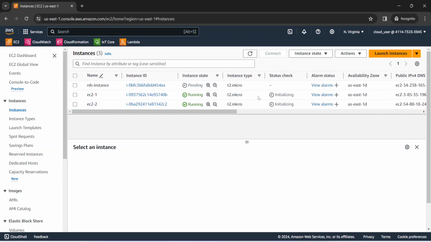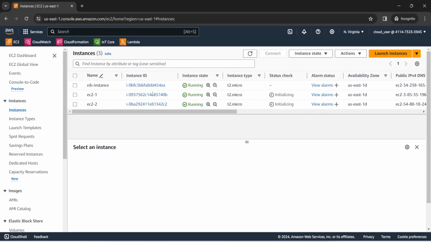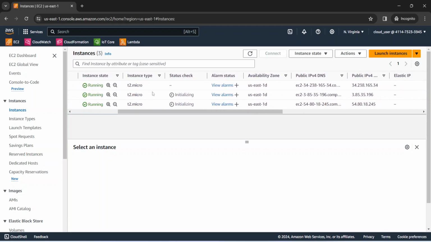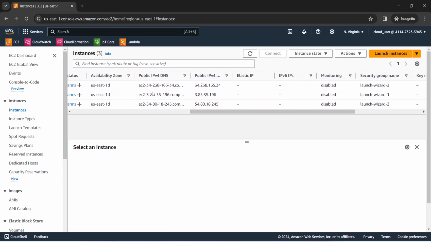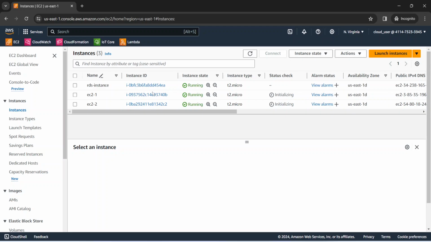We'll quickly create CloudWatch dashboards for these. I have named them EC2 1, EC2 2 and one RDS instance, just for naming convention. All the instances have public IPs and these are free tier eligible Amazon Linux AMI based instances.